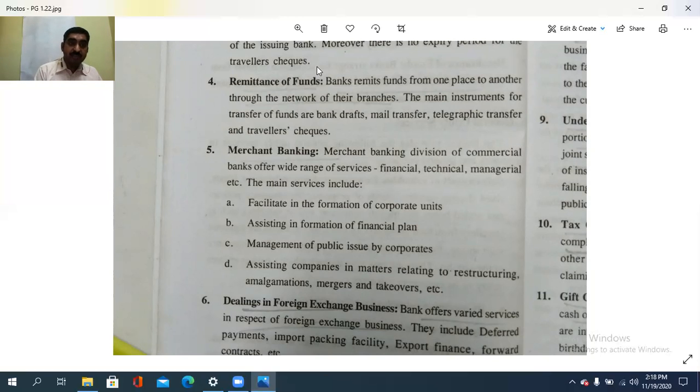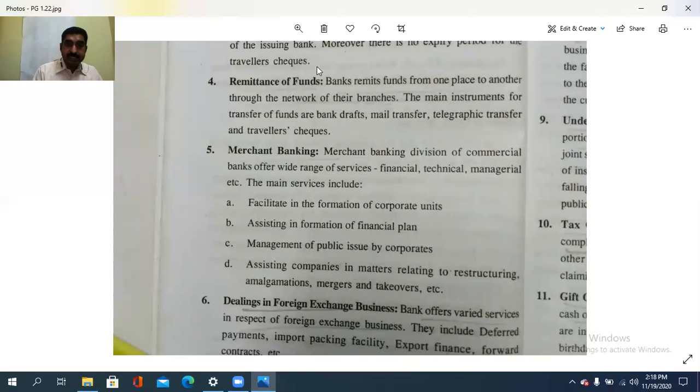It is a division of the commercial banks that offers a wide range of services like financial services, technical services, managerial services, etc. So it includes facilitating the formation of corporate units, or company units.